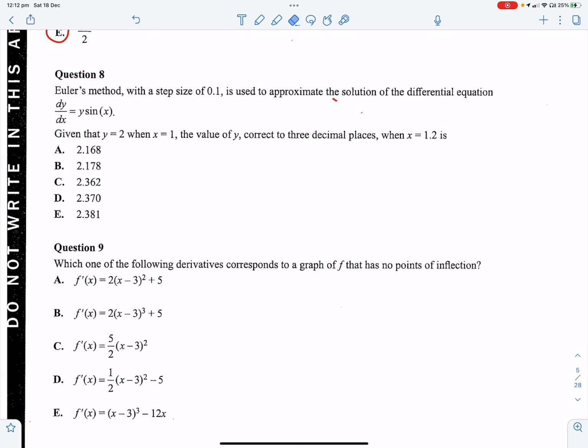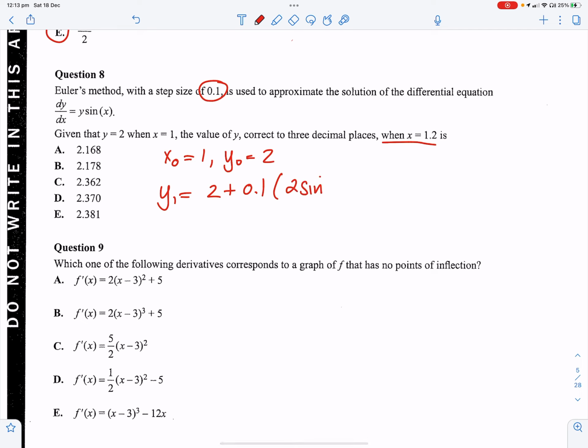Euler's method with steps to approximate the solution of y equals, okay. So we know x naught is 1, y naught is 2. Step size of 0.1. So y1 is y naught plus 0.1 times f of x, y, which is 2 sine of 1.